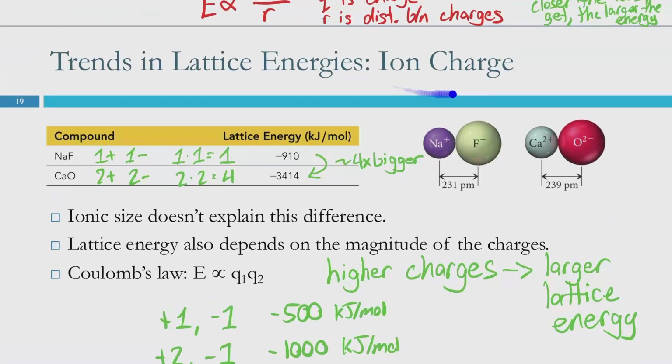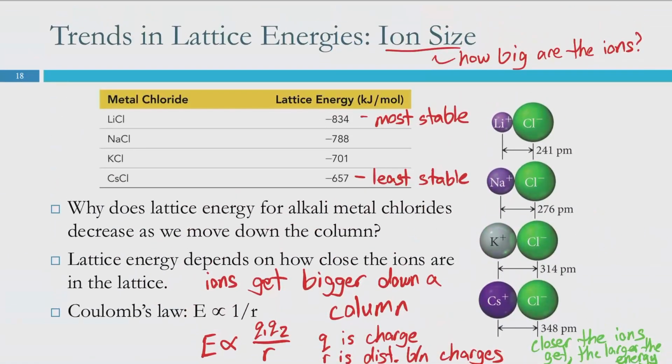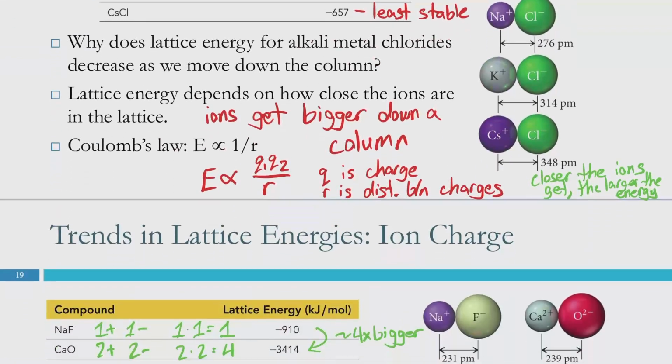So ion charge is a much bigger factor for our lattice energy compared to our ion size. Like with our lithium chloride, that's our closest distance. We could get hydrogen chloride, that'd be closer. But 241 to 348, it's like a 50% increase almost. And our lattice energy doesn't really change that much. It's not doubling or tripling or quadrupling for the charge.